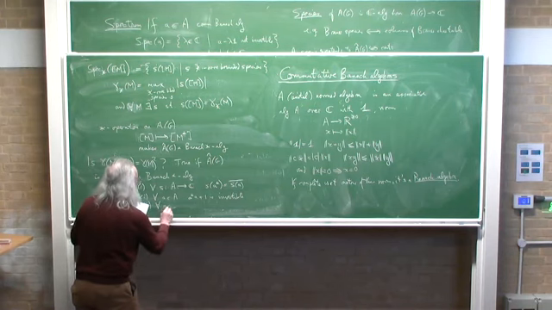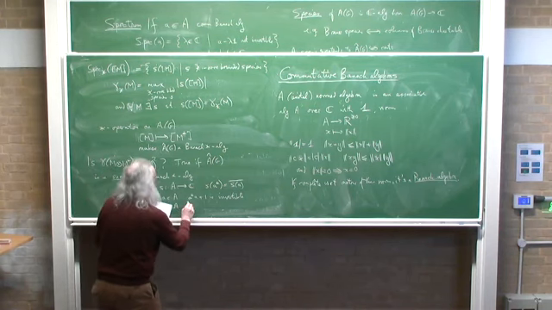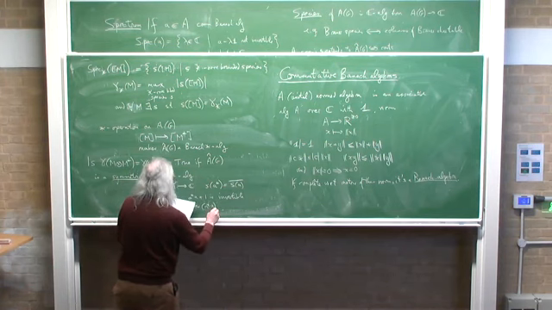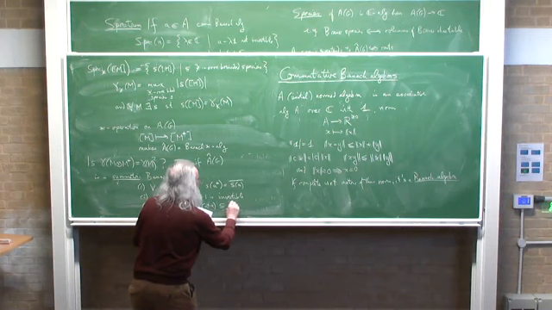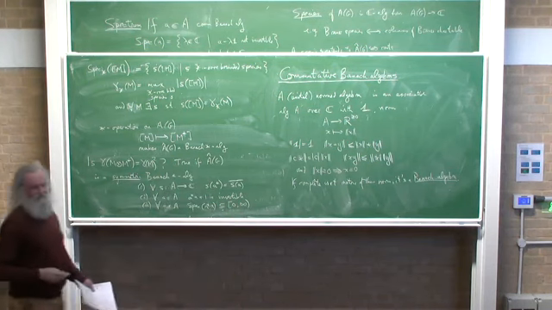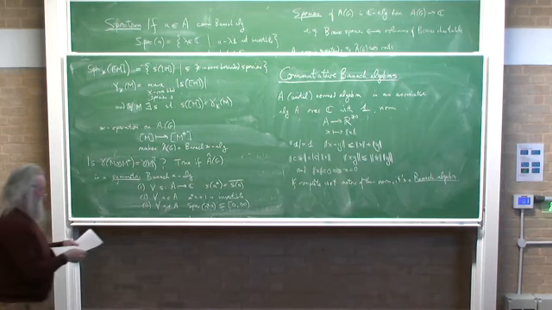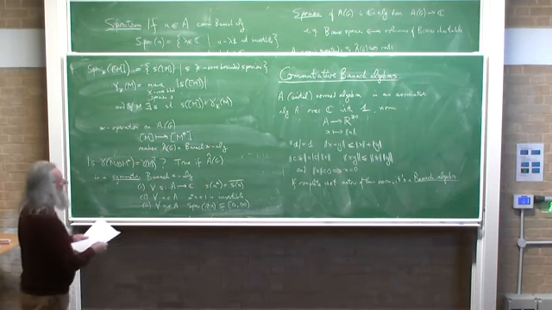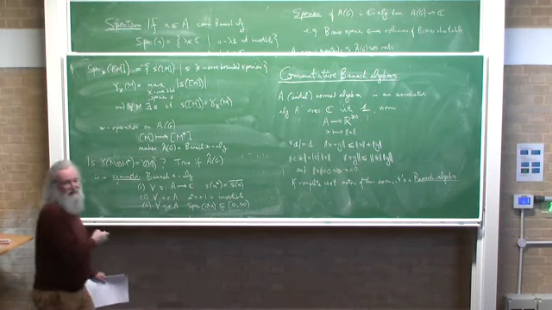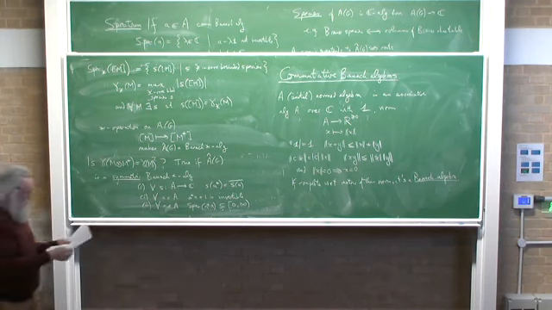Then, for all A in the algebra, the spectrum of A star A is contained in the positive real line. So the question is, is A hat of G a symmetric Banach star algebra with this star operation?